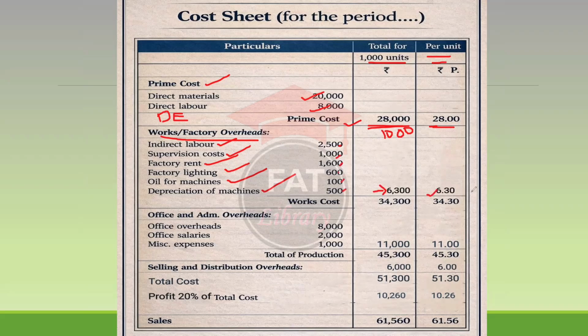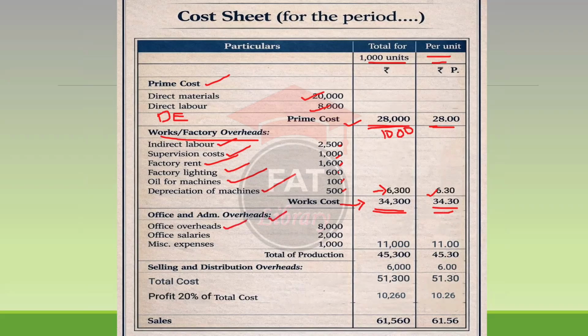So 6 rupee 30 paise is the total works overheads per unit. So if we add prime cost with the works overhead we receive, we will get the works cost. So here the works cost we got it as 34,300 and works cost per unit is 34 rupees 30 paise.